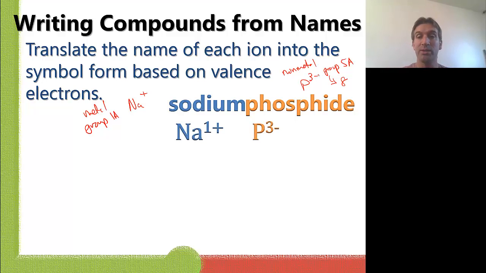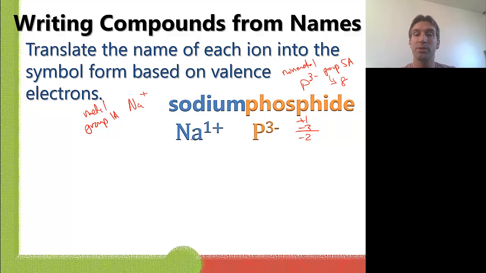So we take these two ions with charge, our sodium ion and our phosphide ion, and now we're going to look at the charge, see the ratio of charges. Do they cancel out? A 1+ and a 3-, positive 1, negative 3, not 0, right? I end up with 2- overall, so they're not going to go together in a 1-to-1 ratio.